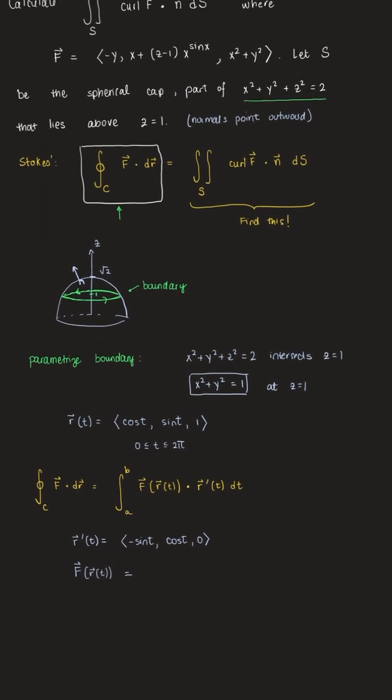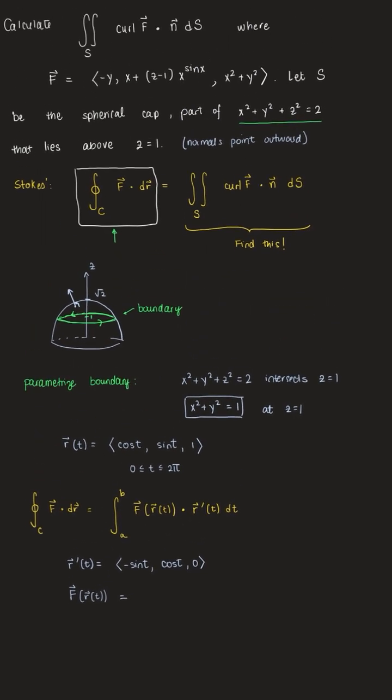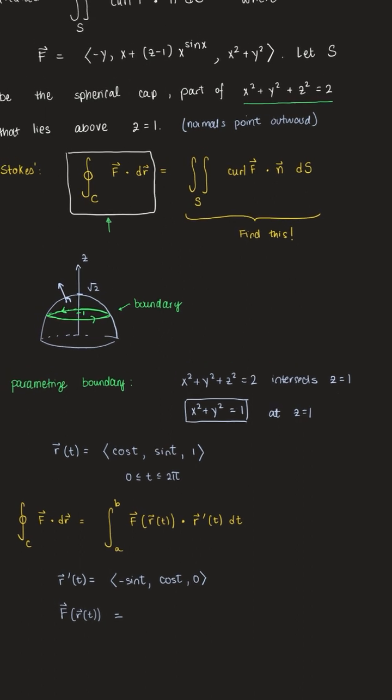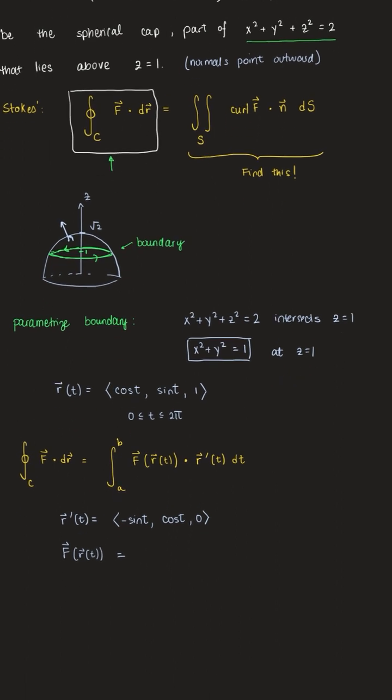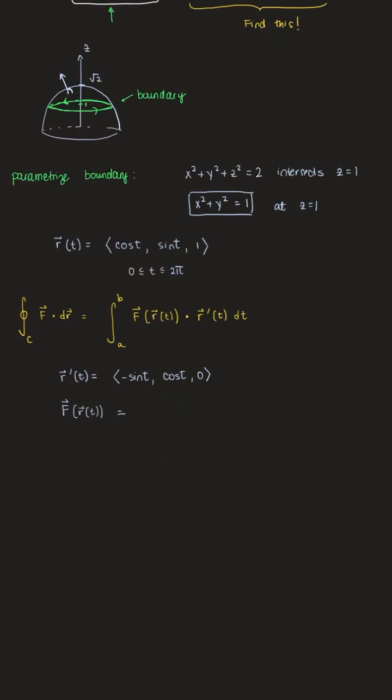Vector field evaluated at r of t. Well, our vector field is horribly complicated. So, let's think about this. Our first component will be negative y, so that's going to be negative sine t. Remember that we're looking up here at r of t.